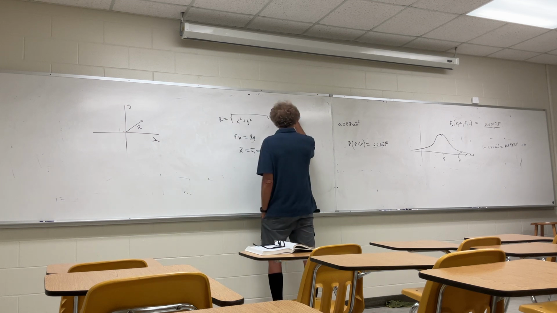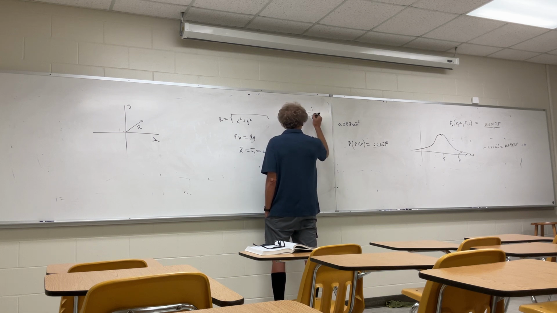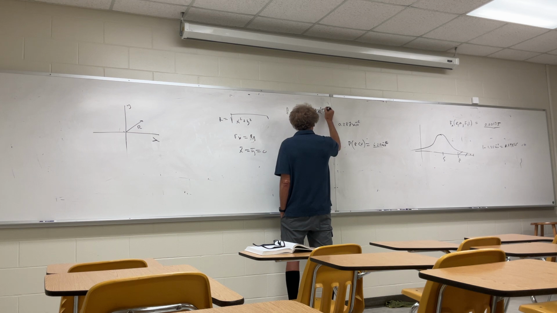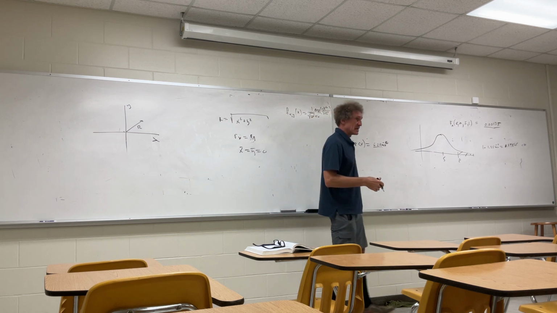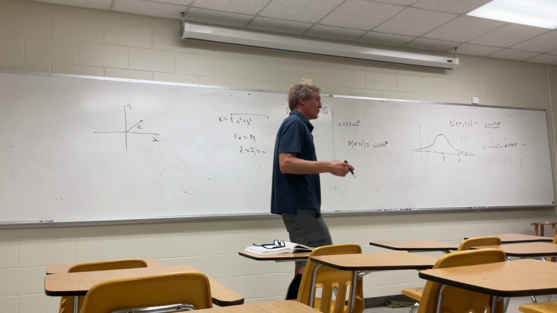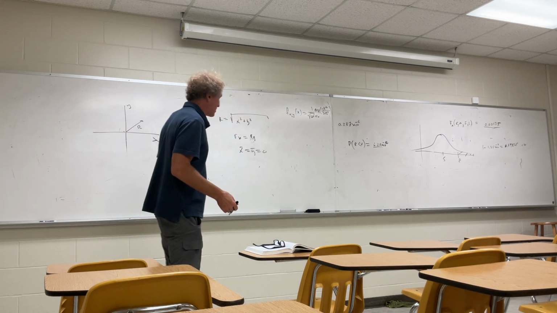Both x and y have distributions. I'm only going to show you x here: f of x equals 1 over the square root of 2 pi times sigma x, times exp of minus x squared over 2 sigma squared. That is a probability density function that has to do with where that arrow or bullet will strike.